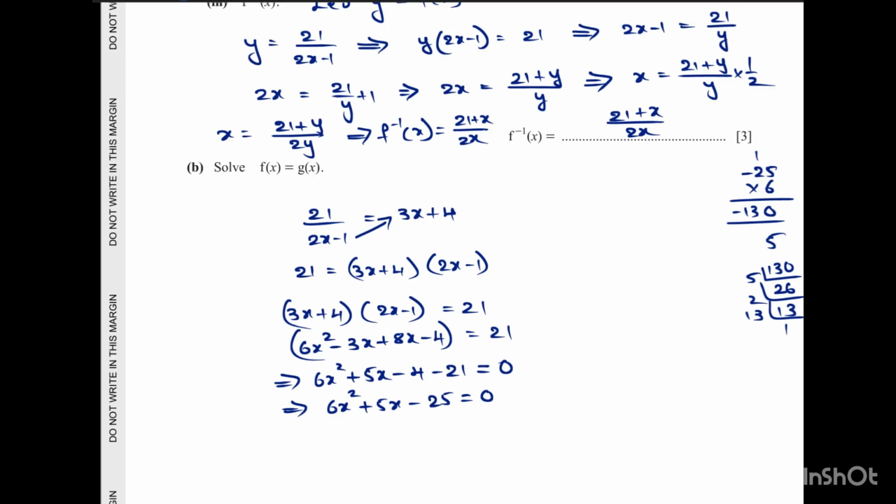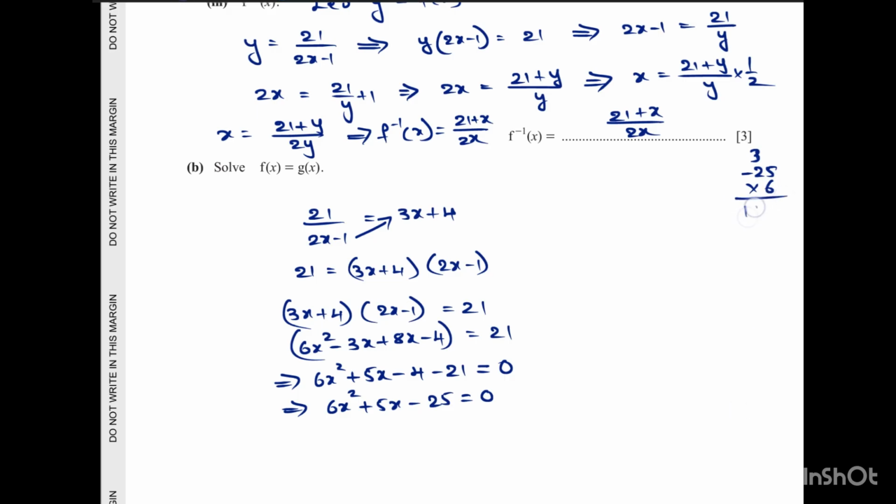Everything is right here. 3 into 2, 6x square, 3 into minus 4 2s are 8, 4 into minus 4, 21 is brought to the left hand side, minus 25. 6 5s are 30, 6 2s are 12, 13 14 15. Sorry, this product I have got wrong here, mistake.